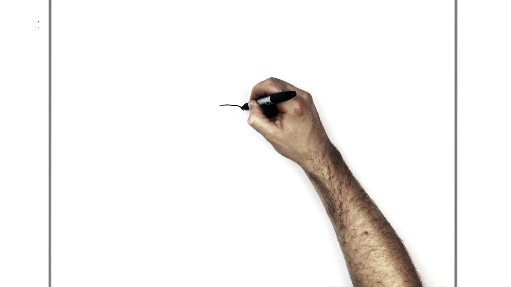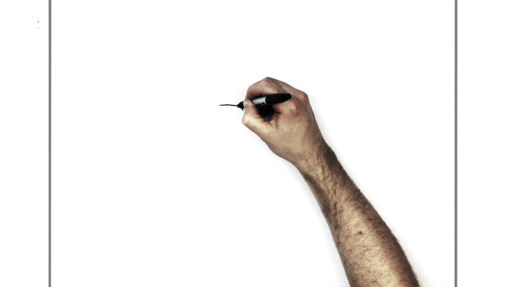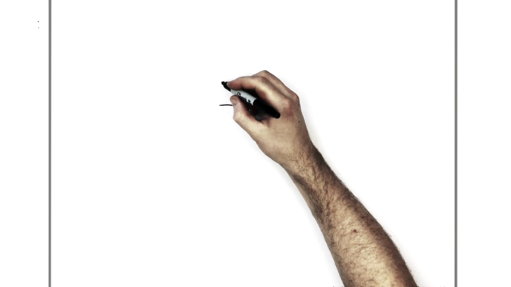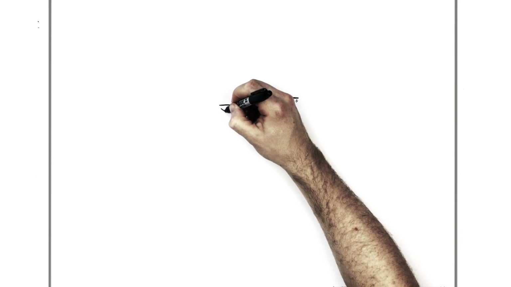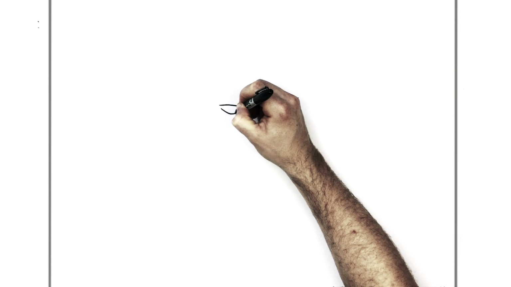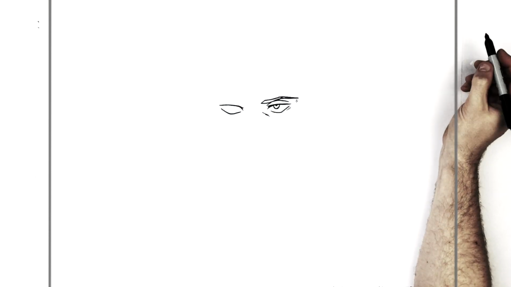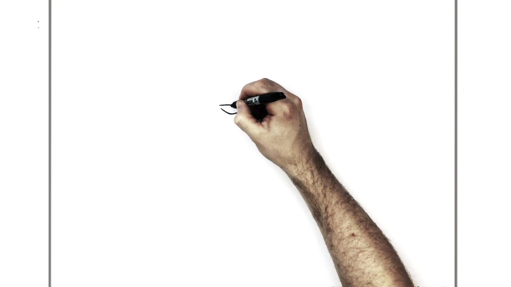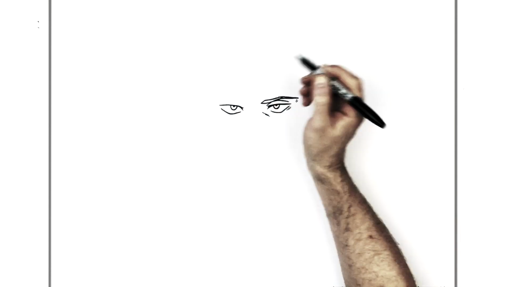You can thicken this up a little bit. And then the bottom eyelid comes down and back up, like so. Iris, just a half circle underneath his eyelid, and a pupil just there.